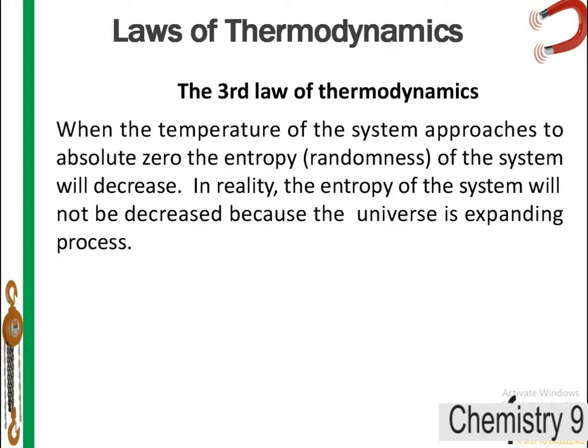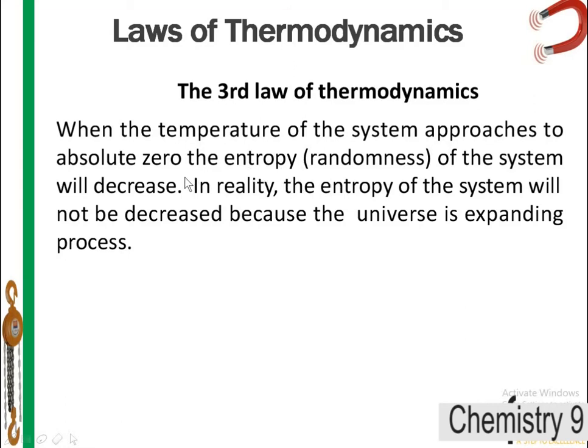So at a temperature of absolute zero, the entropy of a system will decrease. And when we talk about entropy, we're really also talking about disorder. The more disordered the system is, the greater the entropy. So when the entropy of the system decreases, we mean that it becomes less disordered.